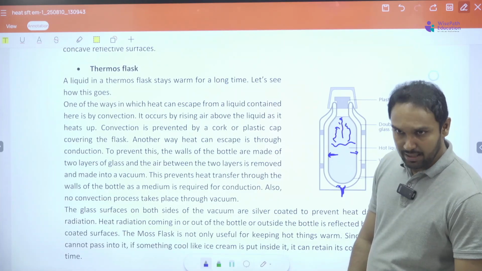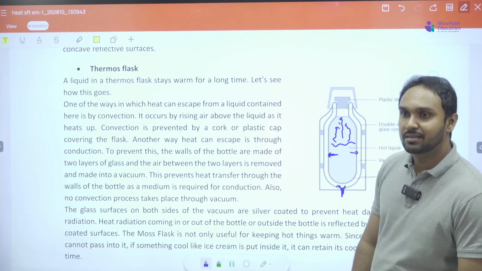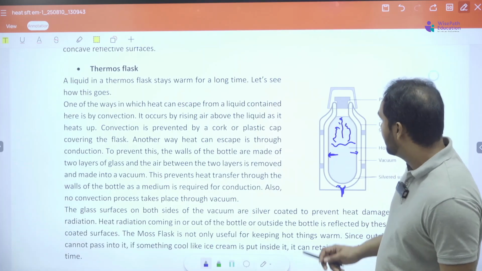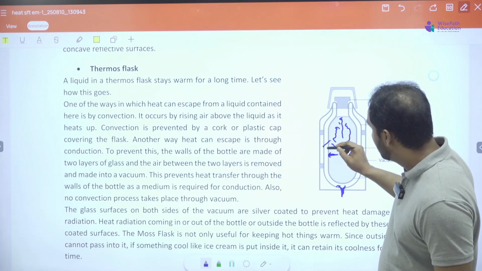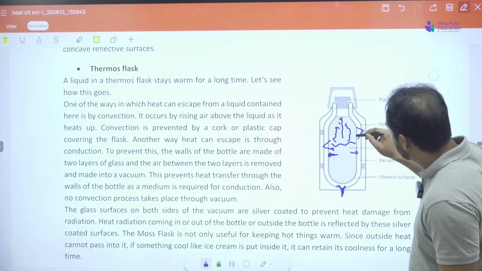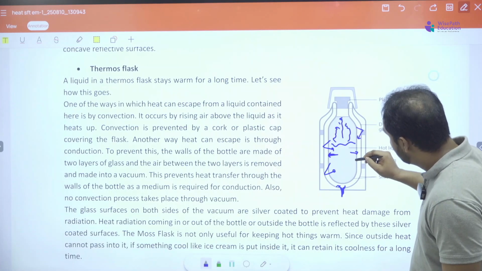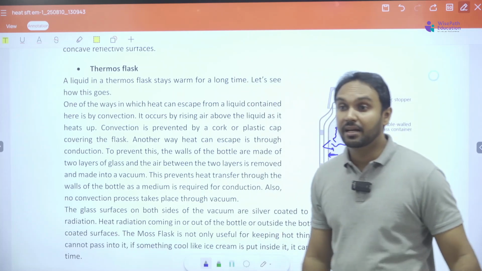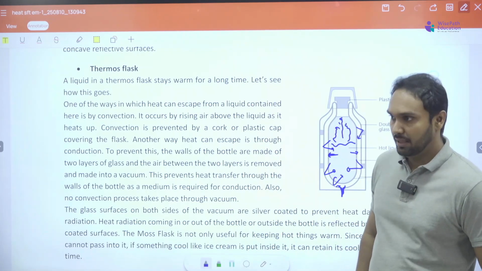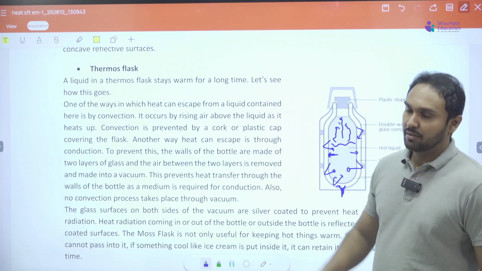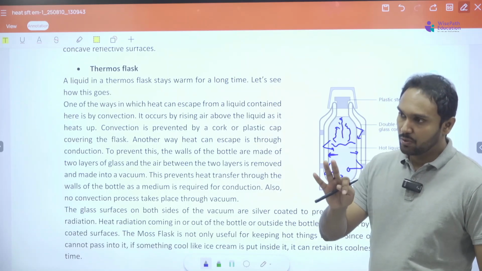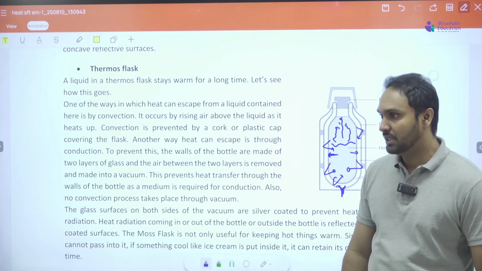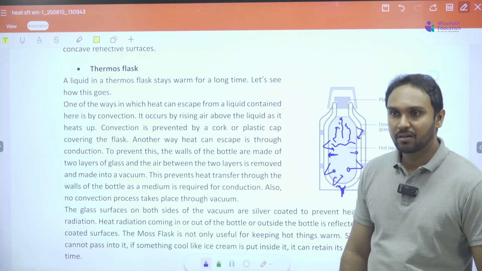There's a silver mirror inside it. If you open the bottle, it's one of the silver plated bottles inside, a glassy bottle. That silver mirror reflects the heat, right? The heat that radiates is reflected by that silver plated mirror, so it can't go. So all 3 ways of heat escaping from the water are stopped by 3 different methods.